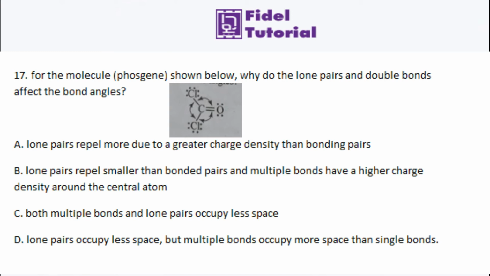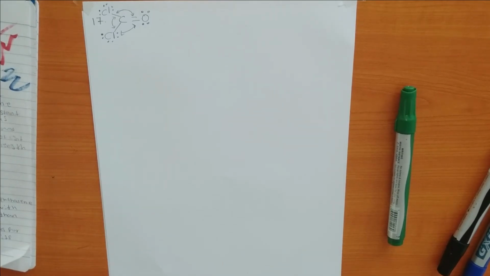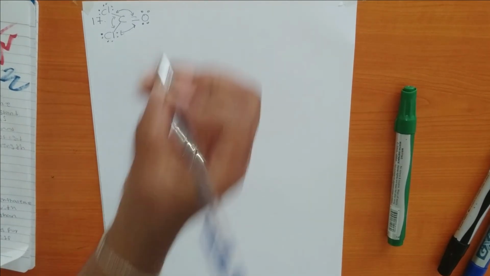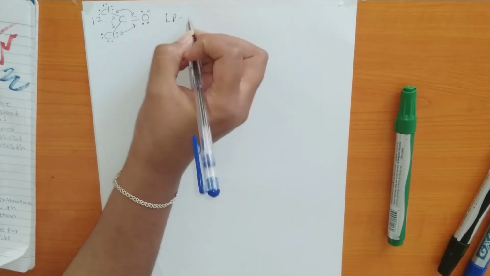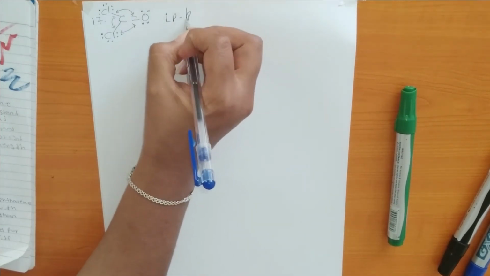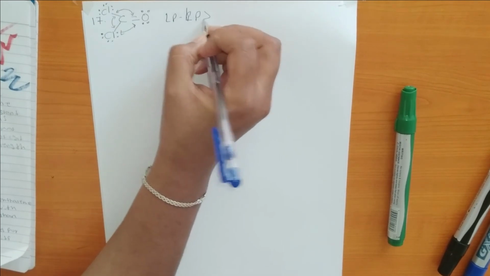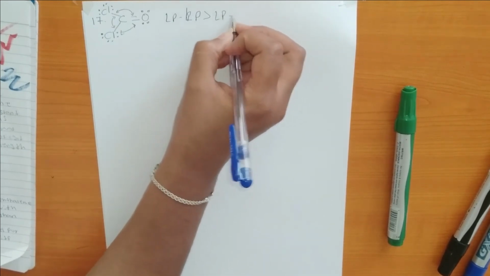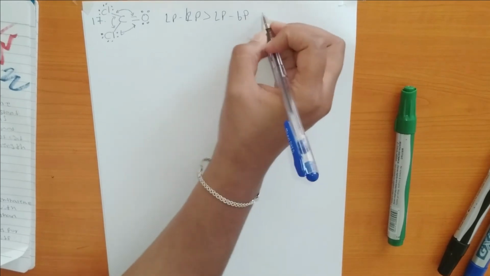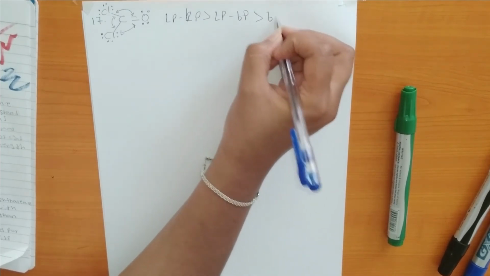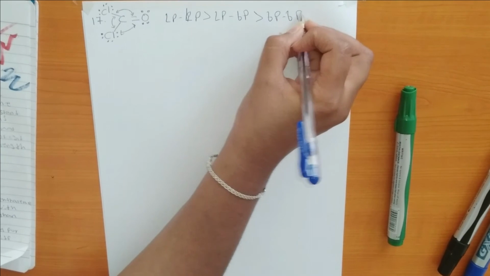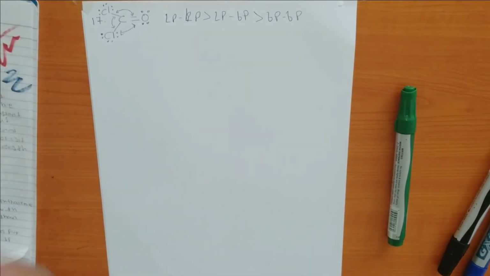D, lone pairs occupy less space but multiple bonds occupy more space than single bonds. The repulsive force between lone pair and lone pair is greater than lone pair and bond pair, which is greater than bond pair and bond pair. So our answer will be A.